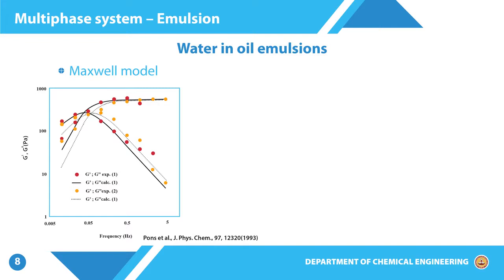So, this is a classical Maxwellian response, and in this set of experimental data the first and second runs are based on a repeat. So, after the first run is done, given that this is a water in oil emulsion, the droplets and their sizes can change, because there can be coalescence events, there can be breakup events, and so the first and the second run actually will give you a different overall rheological response depending on whether there was breakage and coalescence of droplets.